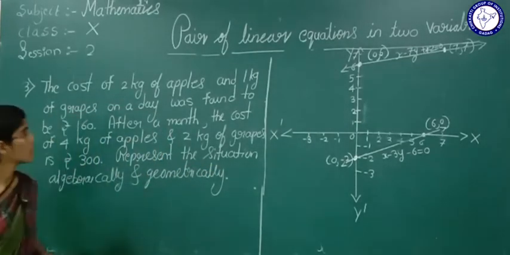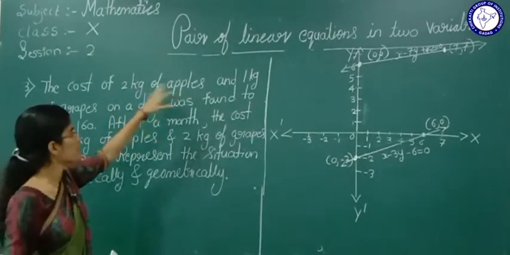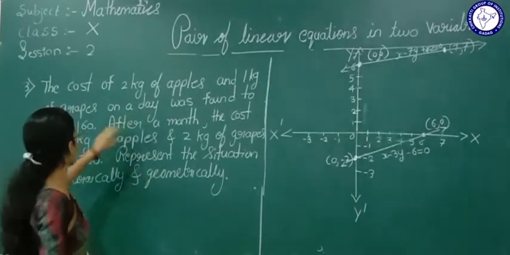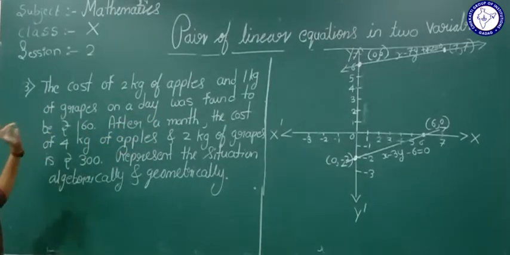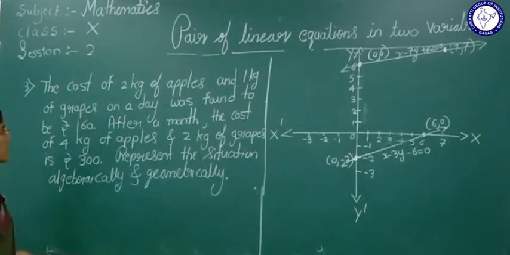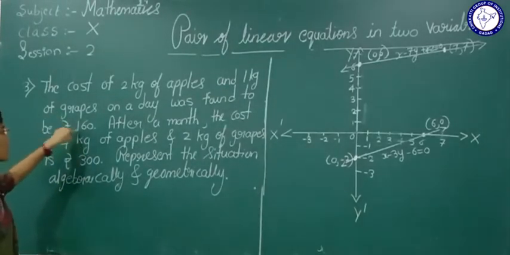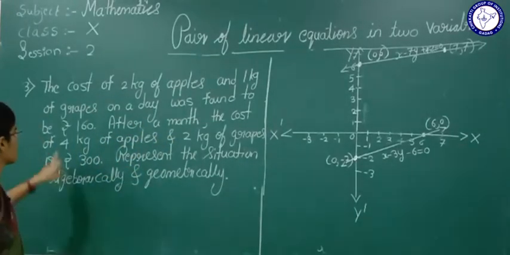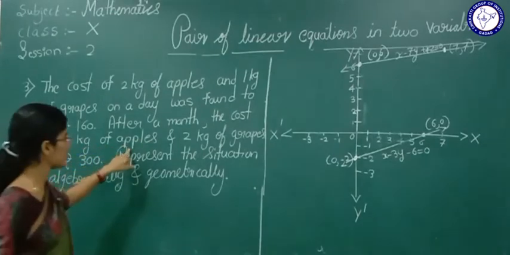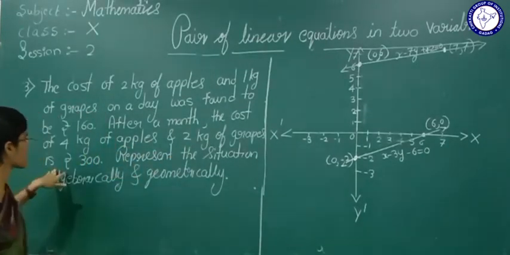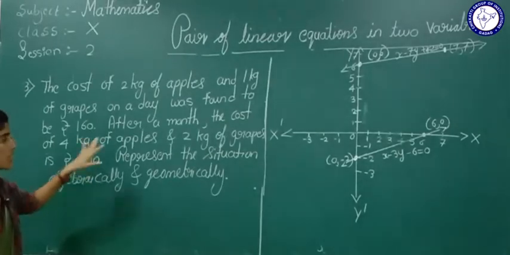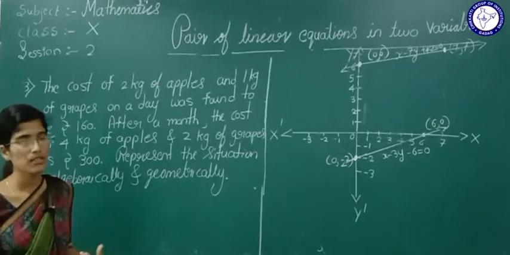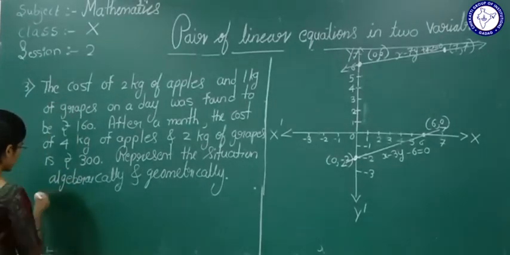Now see here, the cost of 2 kg of apples and 1 kg of grapes on a day was rupees 160. After a month, the cost of 4 kg of apples and 2 kg of grapes is rupees 300. Represent the situation algebraically and geometrically. The same thing we have done, we have to follow here.